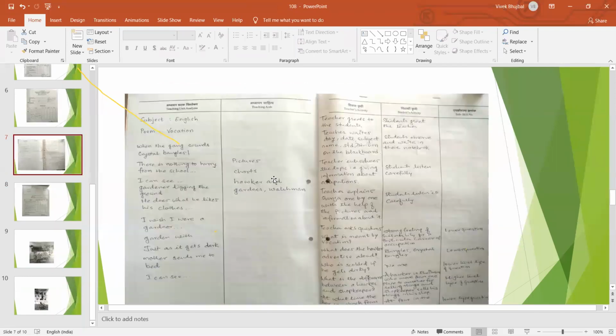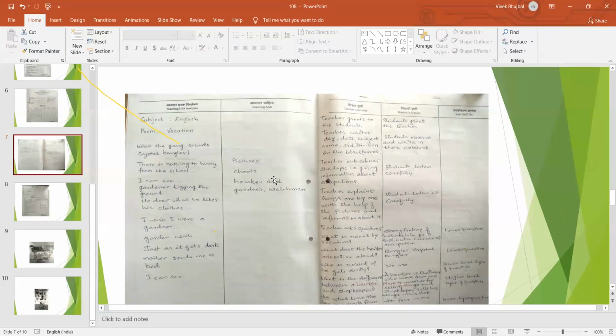So the boy saw through the gate a gardener. He was digging the ground with a spade. His clothes were dirty with dust. He gets baked in the sun or gets wet and nobody scolds him. So the boy wished, I were a gardener, because not even his mother scolds him.